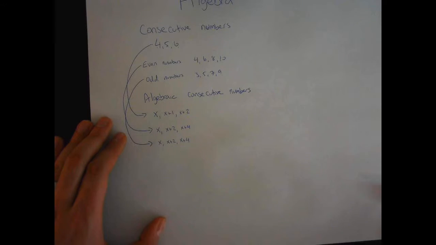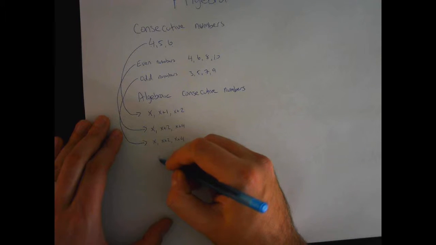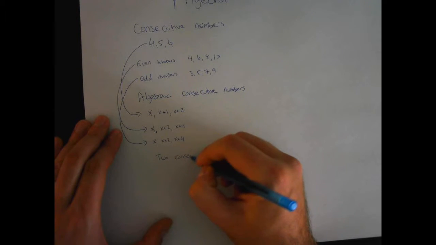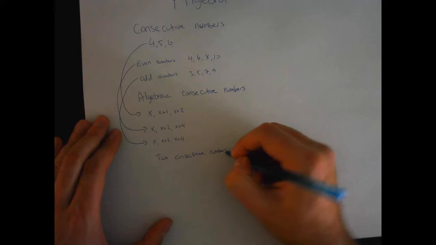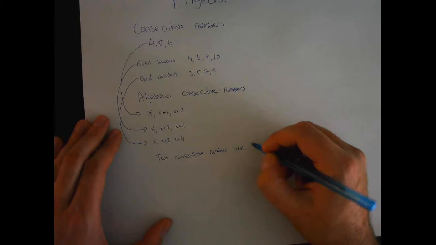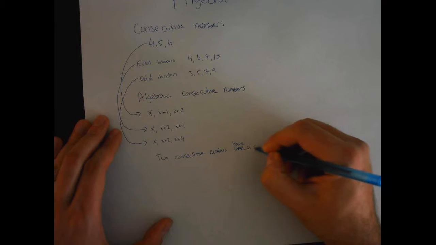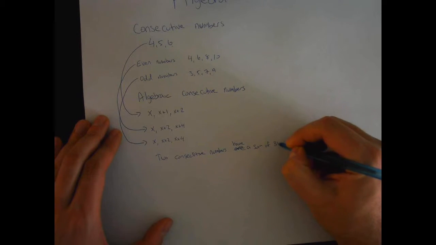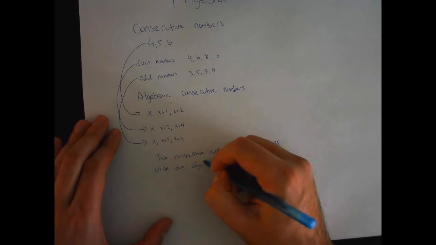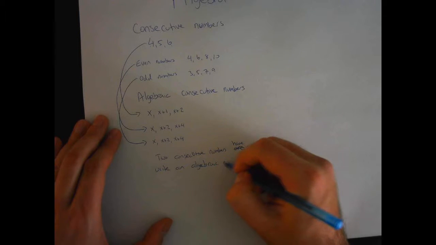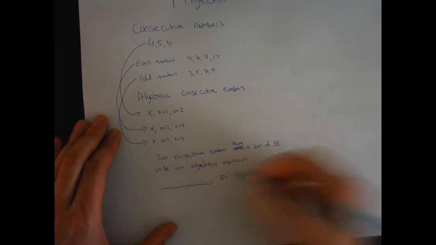Okay. So if there is a question such as, two consecutive numbers have a sum of 35, write an algebraic expression, okay, so blank equals 35.